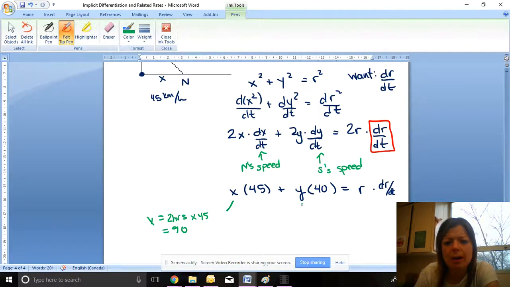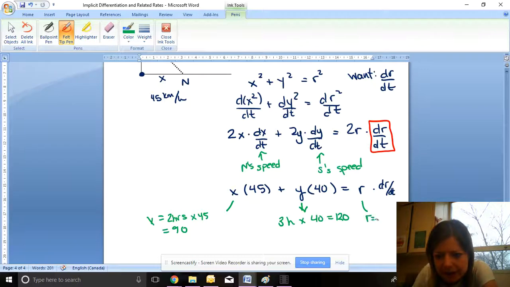And y, this is Shannon, so she's gone 3 hours at 40. Her distance is 120. And r is just the square root of 90 squared plus 120 squared, which is equal to 150 when you do that calculation.